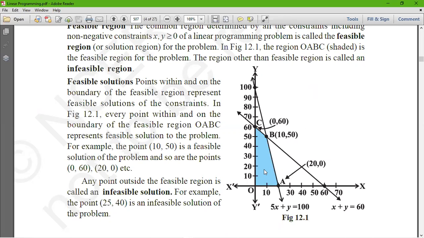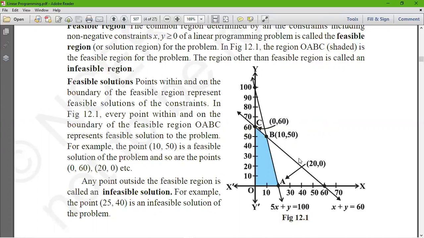Similarly, the region on the right side of the y-axis is x greater than 0. This is called the non-negativity of the constraints. That means our region must lie in the first quadrant of the graph.